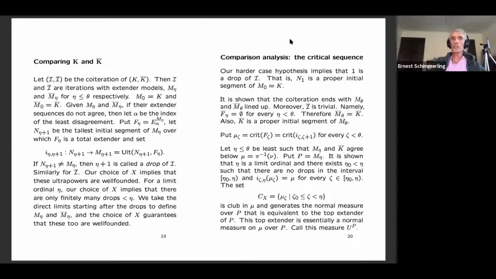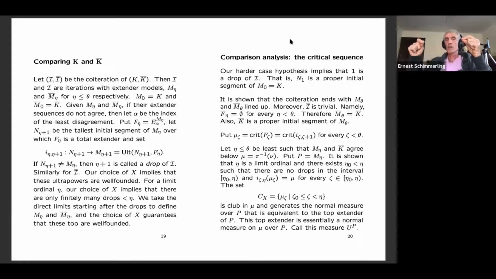Okay, so how do you define the iteration? So the successor steps, if you've defined M eta and M eta bar, you look at their extender sequences, ordered by the indices of the extender sequences, which are ordinals. You go to the least point of disagreement.